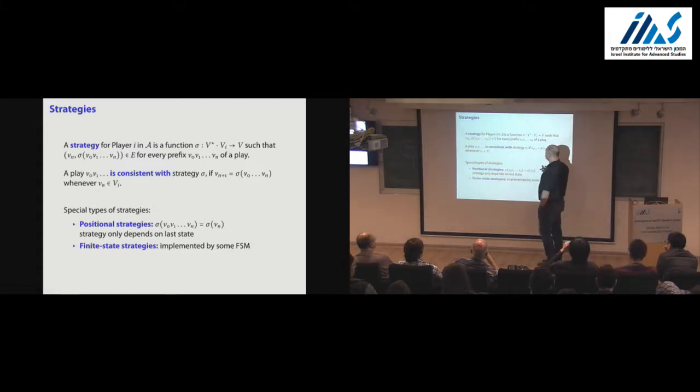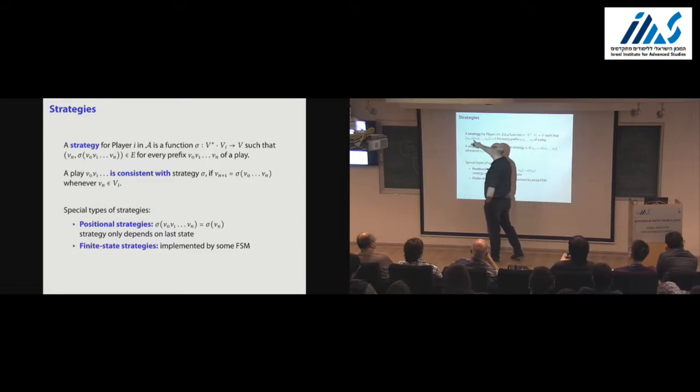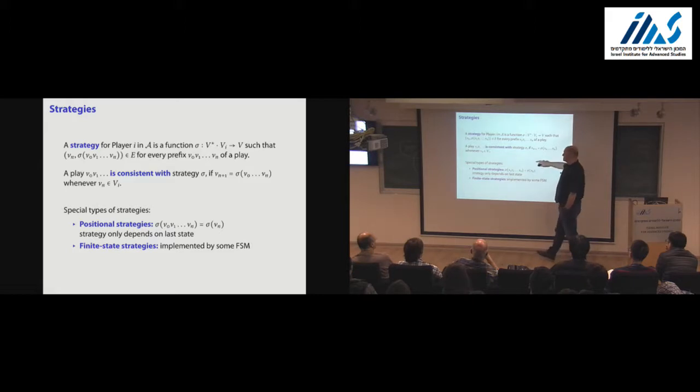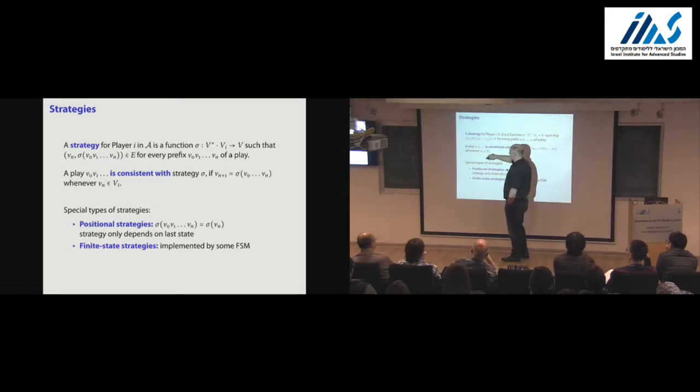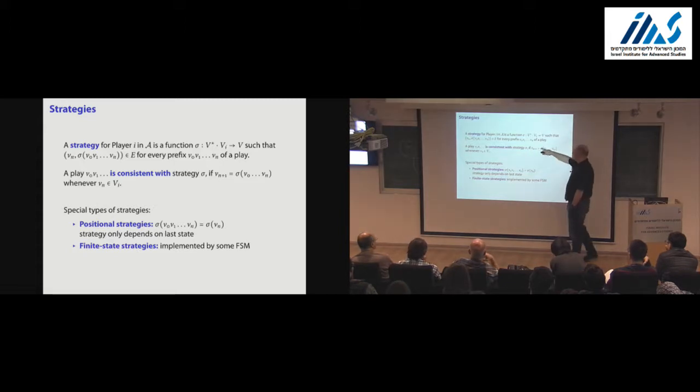So if you have a prefix of a play and you apply your strategy, then you need to get an actual successor according to the edge relation in the arena. And we say that a play is consistent with a strategy if the play conforms to the strategy whenever possible. So whenever it's player i's turn, the successor must be chosen according to the strategy.